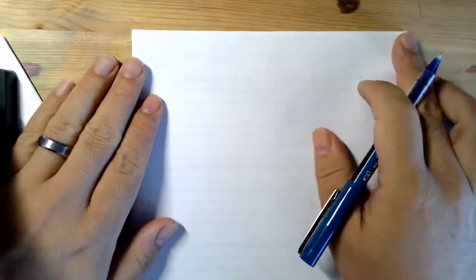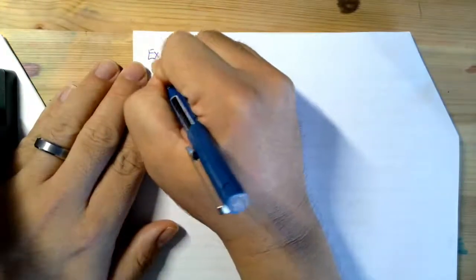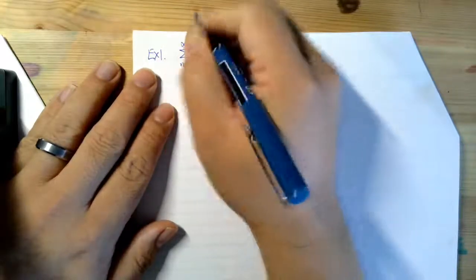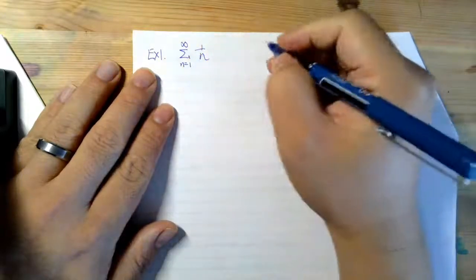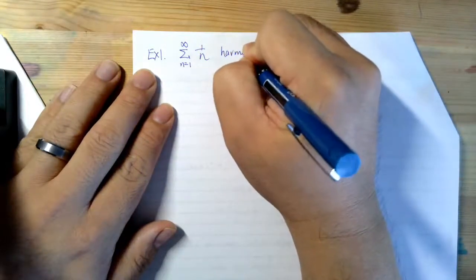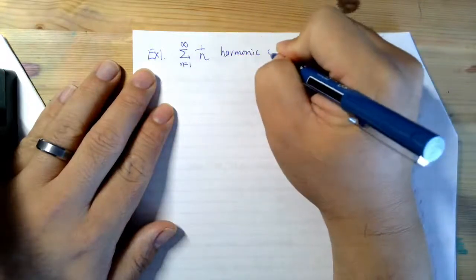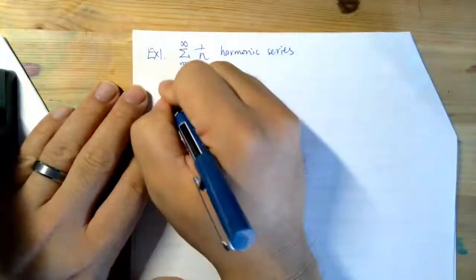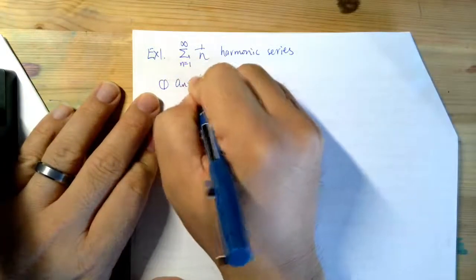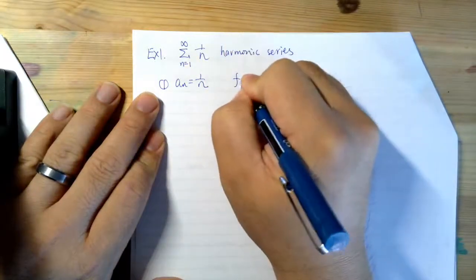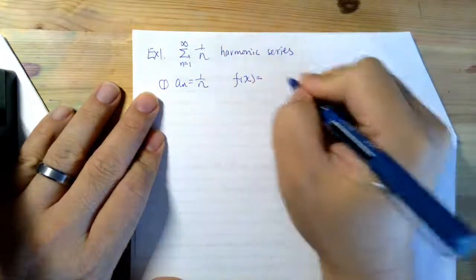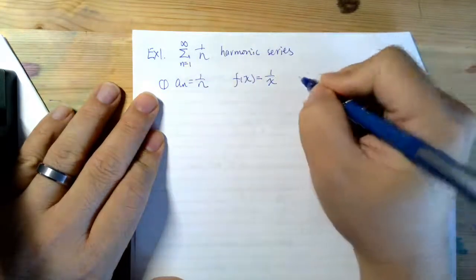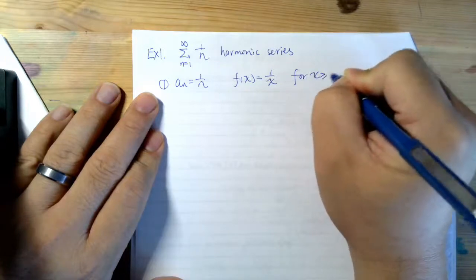First one, if I have this very classical harmonic series, you can see that since our a_n equals 1 over n, correspondingly the function I have here is going to be 1 over x. And since my n starts from 1, I let my x be greater or equal than 1.